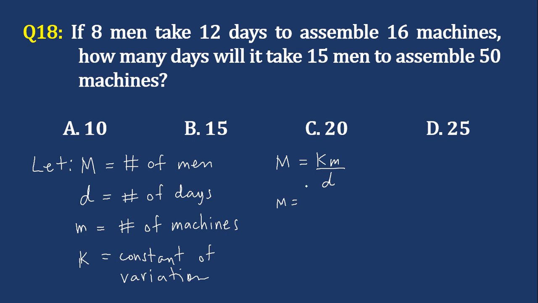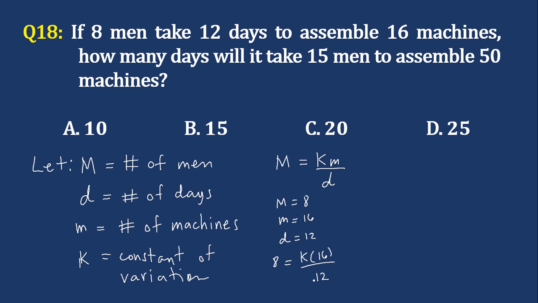Capital M is 8, small m is 16, and small d is 12. Now let's solve for k. We can substitute these values, so we have 8 equals k times 16 divided by 12.